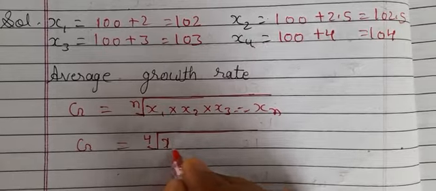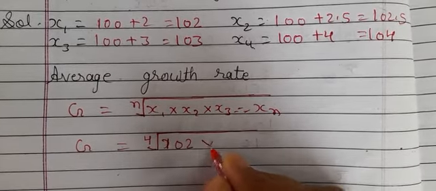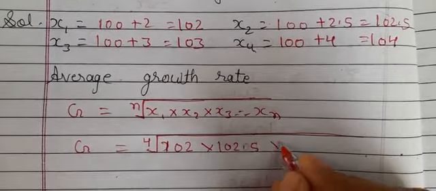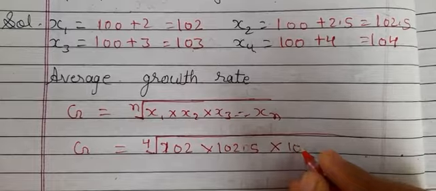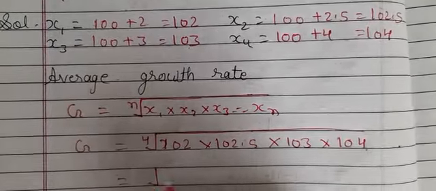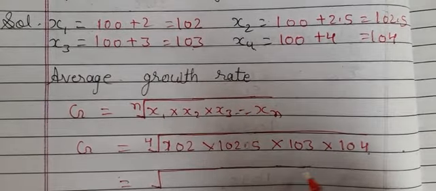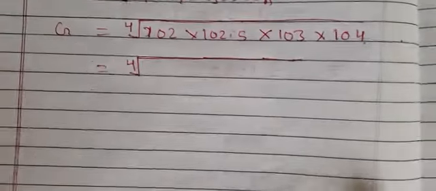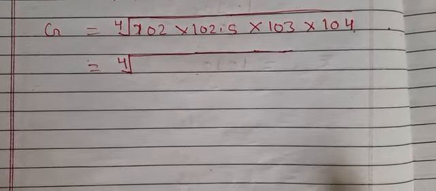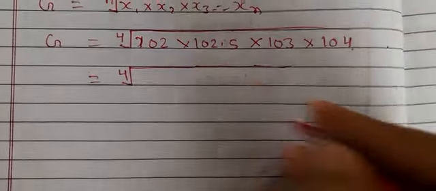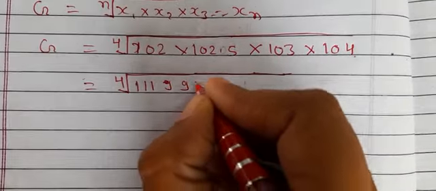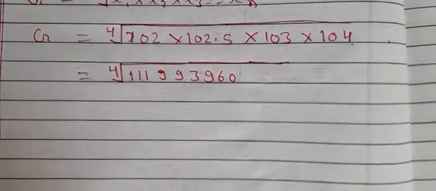So x1 value is 102 multiplied by x2, 102.5, multiplied by x3, 103, and x4, 104. Now we have to multiply this. When we multiply this in our calculator, we get our answer as 111993960.